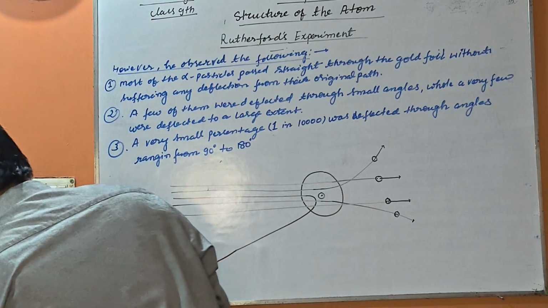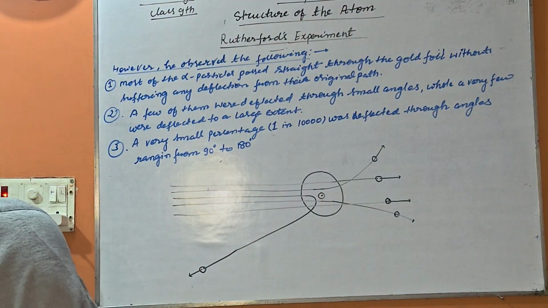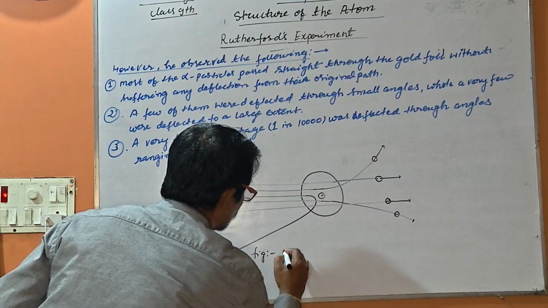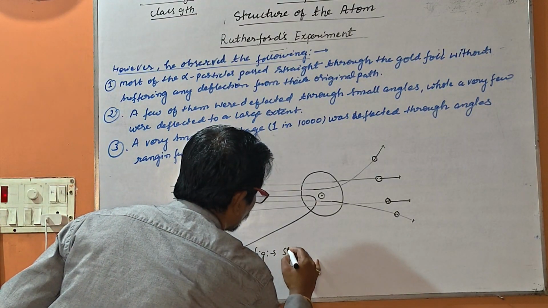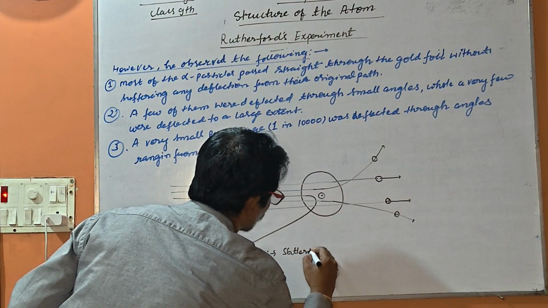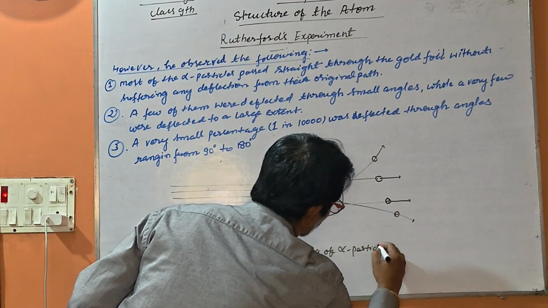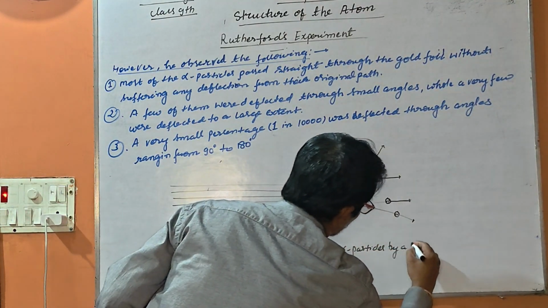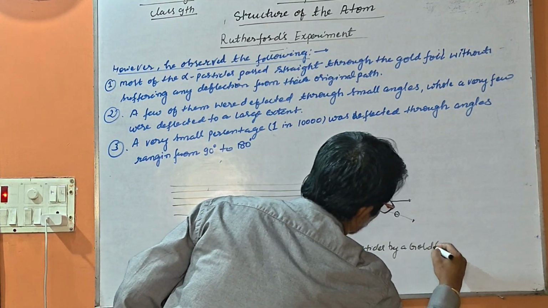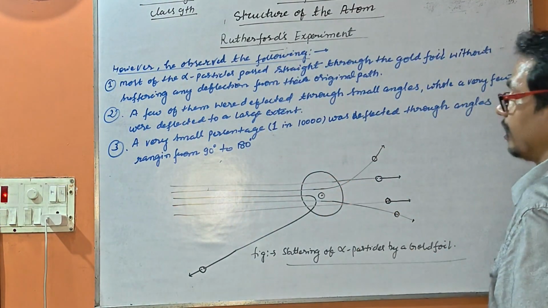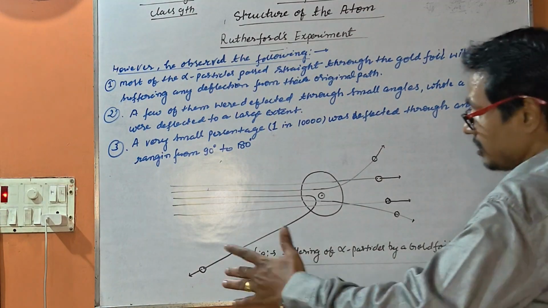So this is the scattering of alpha particles by gold foil. This is the second figure. There are two figures important for the explanation.